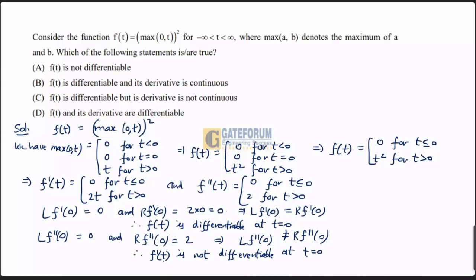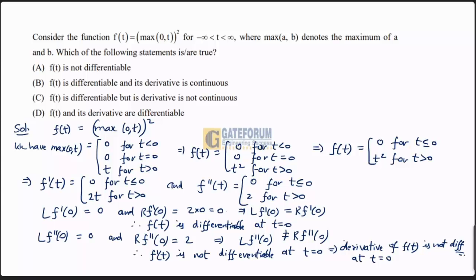What is f dash t? The derivative of f of t. So this implies the derivative of f of t is not differentiable at t equal to 0.